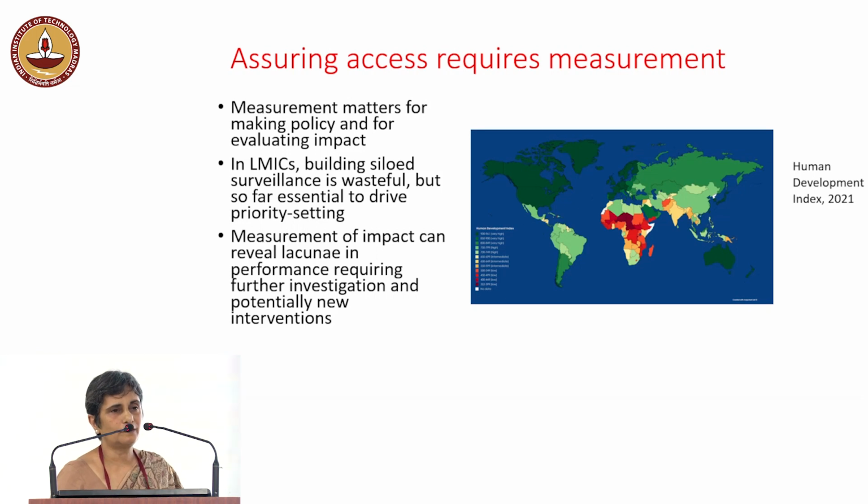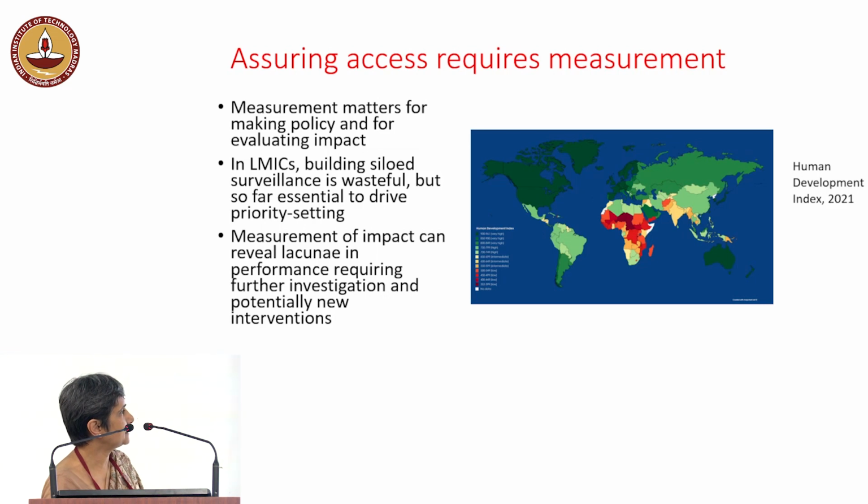Now, I think one of the things that we work on is really making sure that people have access to public health interventions, and for that, measurement is absolutely critical. And I feel like I've wasted about 20 years of my life trying to measure disease, and I shouldn't have to do this. There should be a public health program that actually does this measurement.